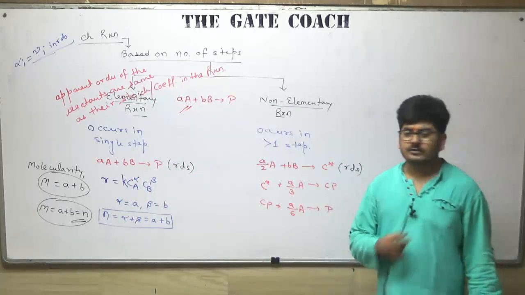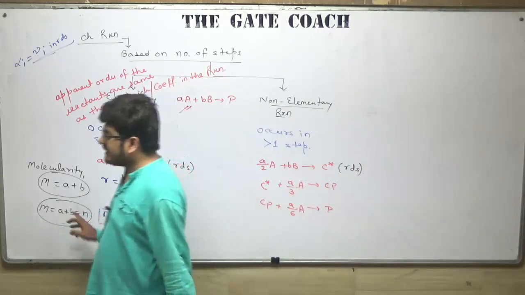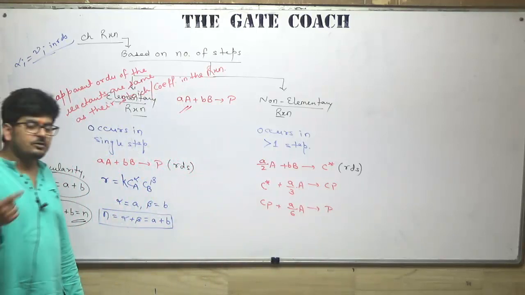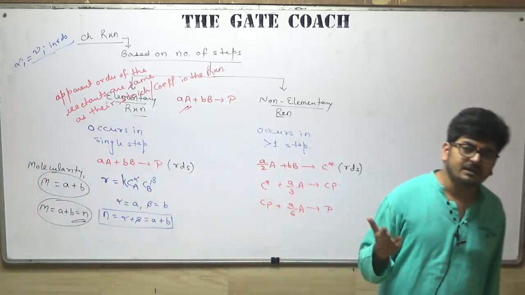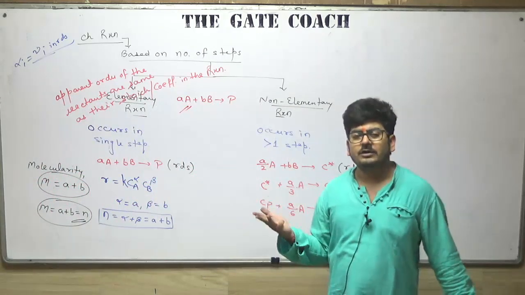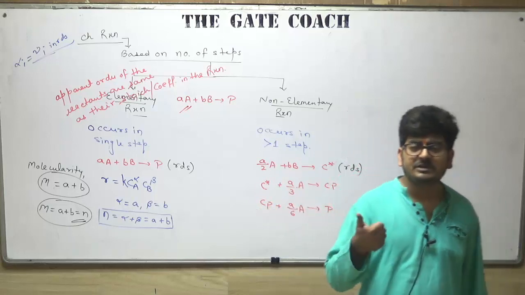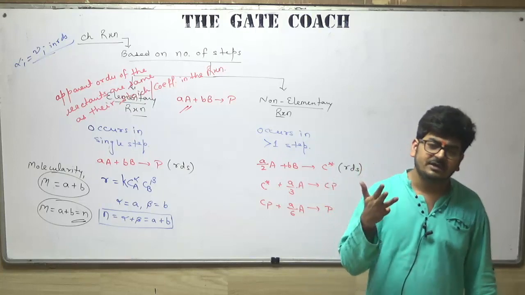Is it clear to all of you? For an elementary reaction, as the molecularity and overall order are the same, and molecularity cannot be 0, negative or fractional, it will be 1, 2 or 3 only. Similarly the overall order for an elementary reaction cannot be 0, a fraction or negative, it will be 1, 2 or 3 only.